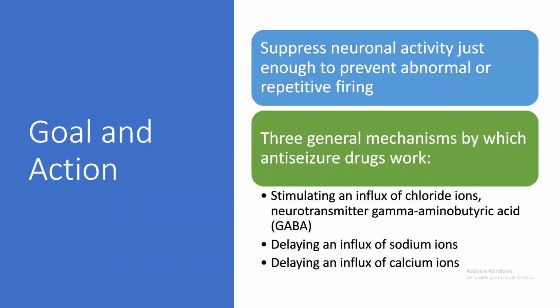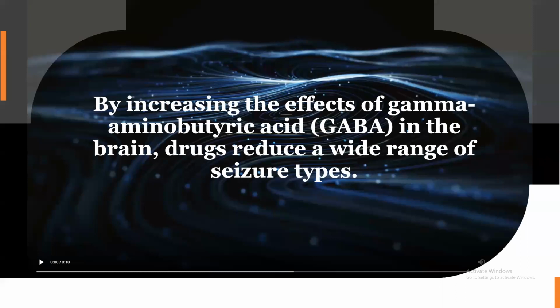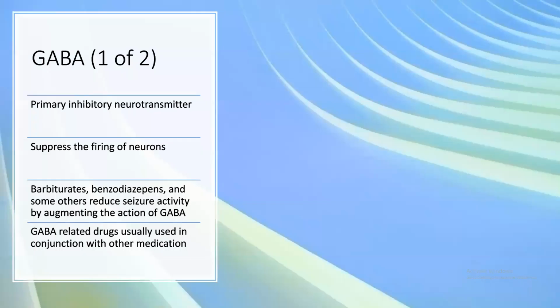And the three general mechanisms by which the anti-seizure drugs work: number one, stimulating an influx of the chloride ions, neurotransmitter gamma aminobutyric acid, which is called GABA; delaying an influx of the sodium ions; and delaying an influx of the calcium ions. By increasing the effects of the gamma aminobutyric acid in the brain, drugs reduce a wide range of the seizure types.